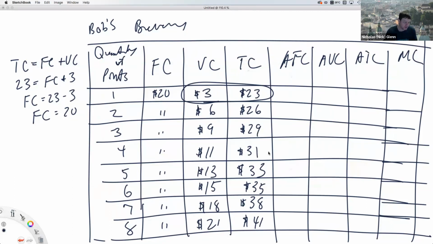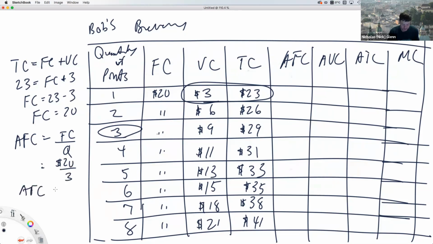Now, what else are we asking here? What is the average fixed cost when Bob serves 3 pints? Right. Well, the fixed cost is always the same. It's always 20. And the average fixed cost is just the fixed cost divided by the quantity. The fixed cost is always 20. The quantity here is 3.